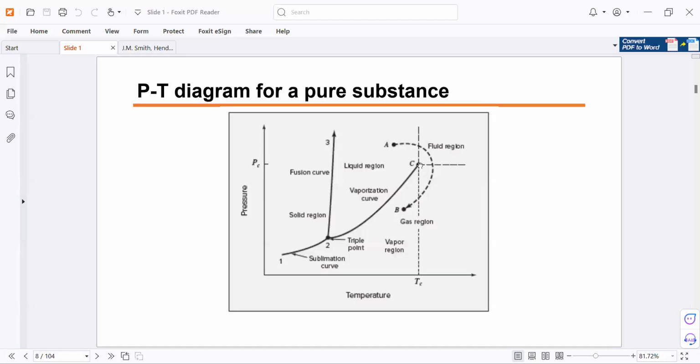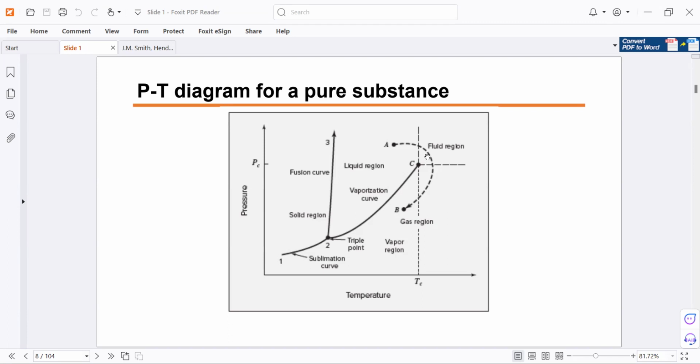So beyond the critical point, the transition from liquid to vapor and vice versa does not cross the vaporization curve. Unlike in the region below the critical point, where the transition from liquid to vapor passes through the vaporization curve, outside the critical point it does not go through the vaporization curve.